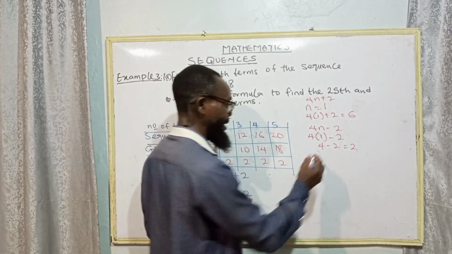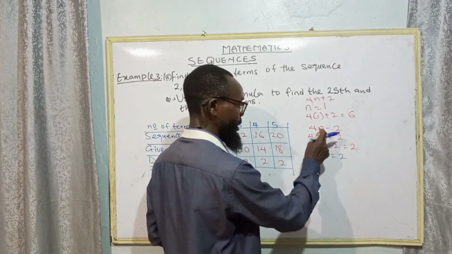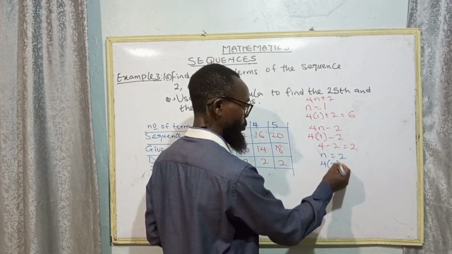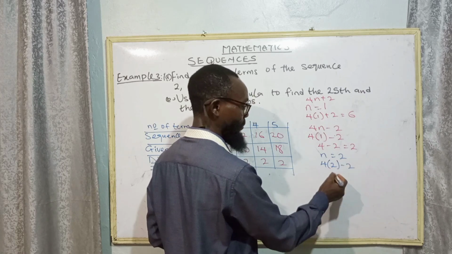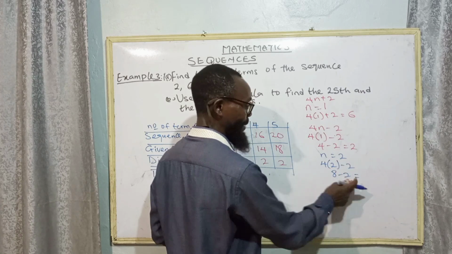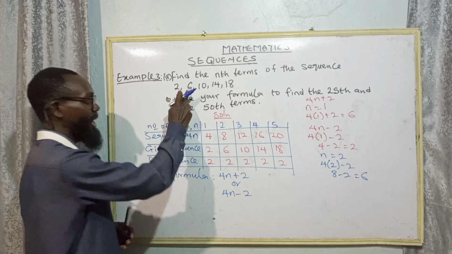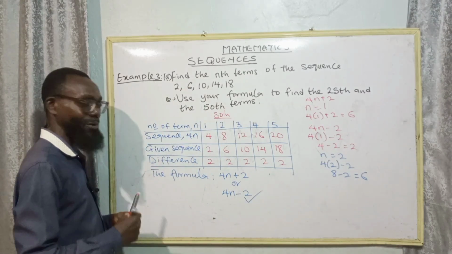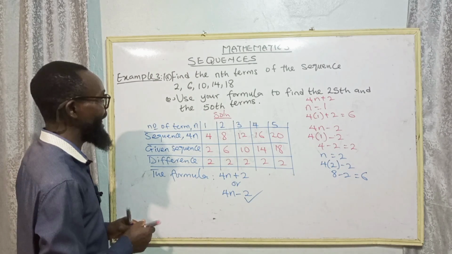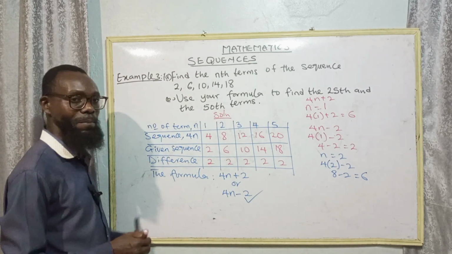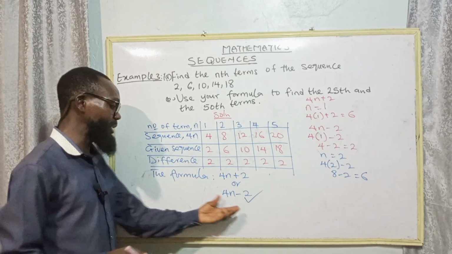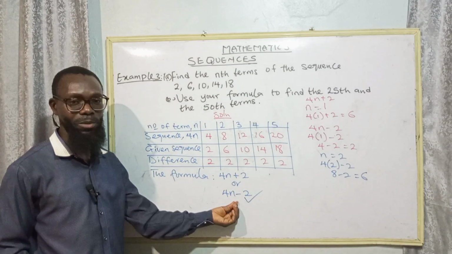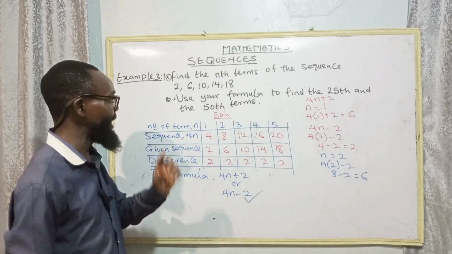When n is 2, 4 times 2 minus 2: 4 times 2 is 8, 8 minus 2 is 6. Definitely, 4n minus 2 is our nth term. So the nth term is 4n minus 2.